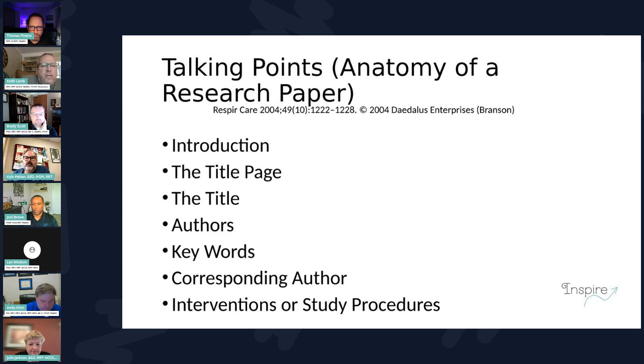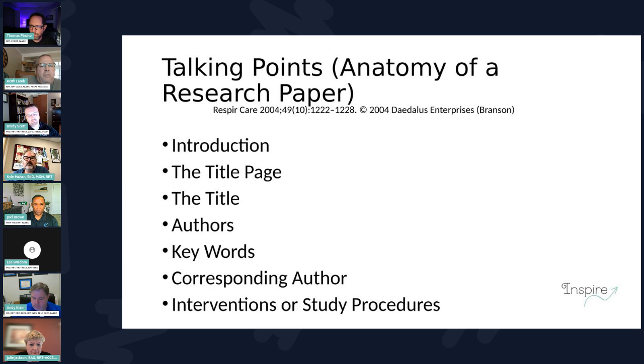Of course, there's an introduction and a title page. Some of what I looked at in preparation for today demonstrates how to build a research paper, and this comes from an article published 20 years ago now by Rich Branson that shows the anatomy of a research paper, but from the perspective of somebody who's trying to write a research paper, not necessarily reading one.